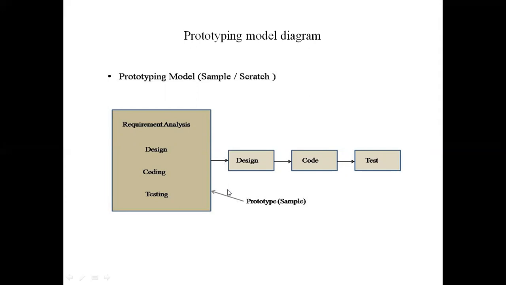We are going to have an interaction with the customer, and again we are going to perform design, code, and test. Say luckily or fortunately your prototype is exactly matching the expectations of the customer, you're going to build it exactly how the prototype is. You're going to serve it as the final model and build the actual one with respect to this prototype.